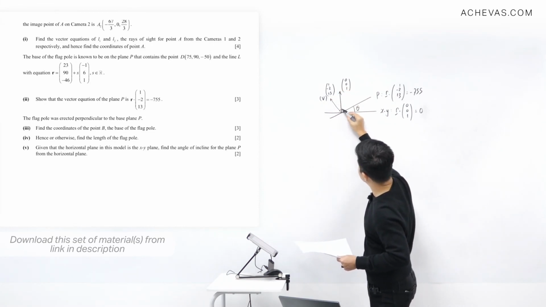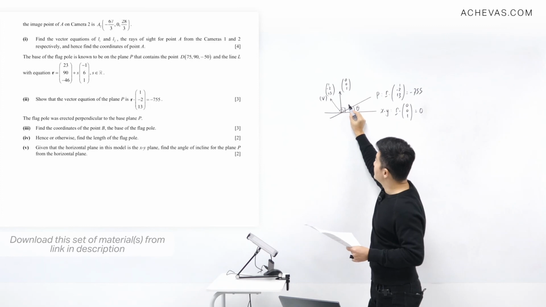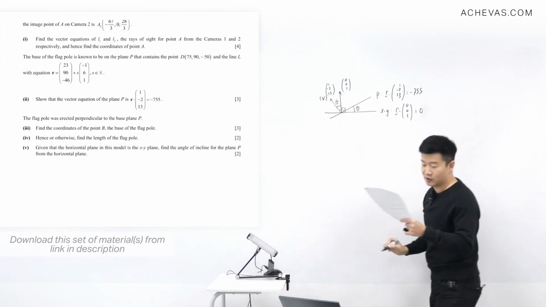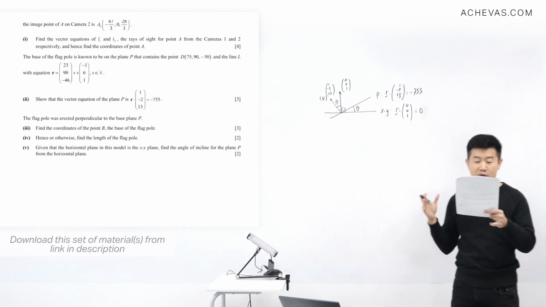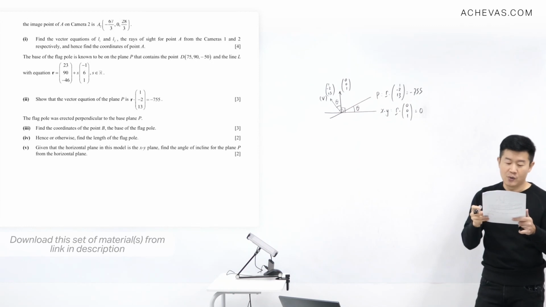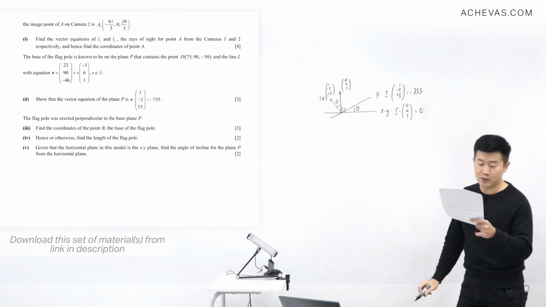So this is 90 degrees here. This is 90 degrees here. This plus this is going to give me 90 degrees, which means that this angle here is going to be equal to 90 degrees. So in order for us to find the angle of inclination that the question is asking us for, we are going to be finding theta, which is going to be the angle that is between the two normals.